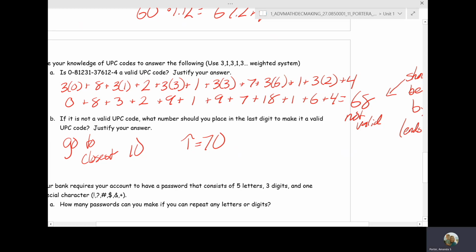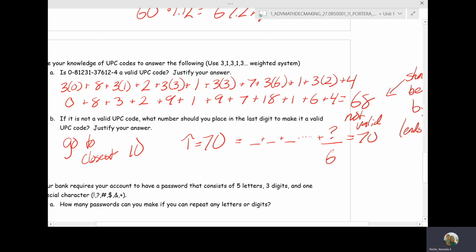So the last digit is the only thing that I'm concerned about, right? We have all these things, dot, dot, dot, plus something to equal 70. Right now it equals 68. So I want to go up by 2.